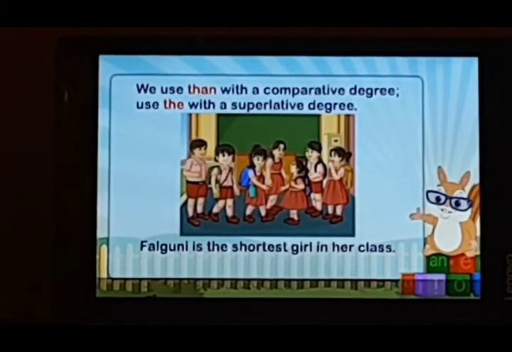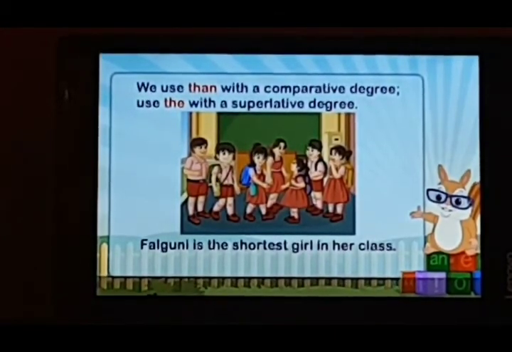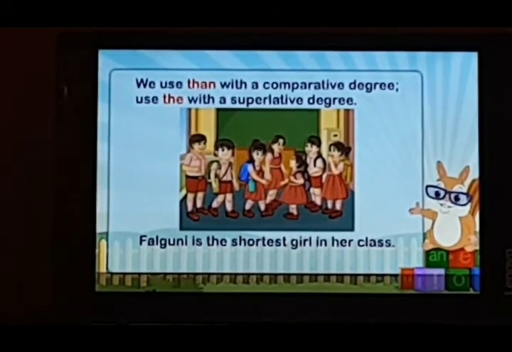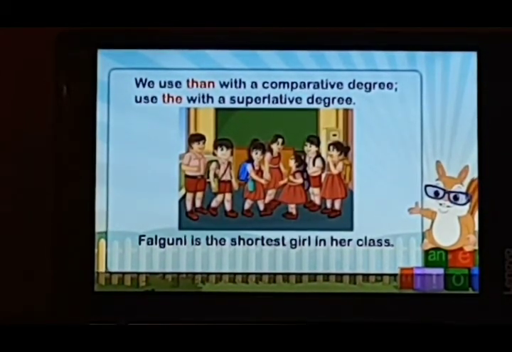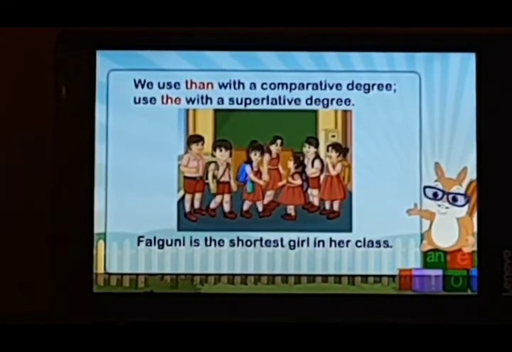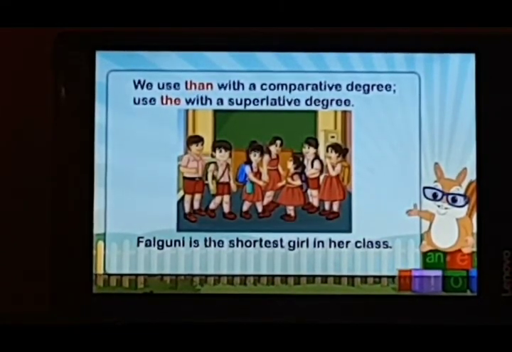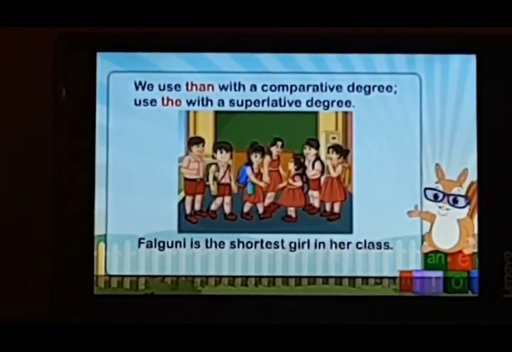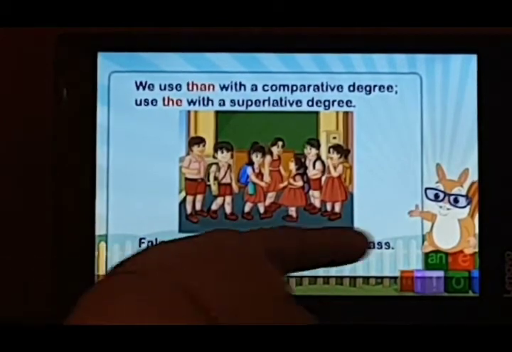Like in the example, Falguni is the shortest girl in her class. So these 2 things you also have to remember when we are using these degrees in sentences. After a comparative degree always use than, and before a superlative degree use the word the.